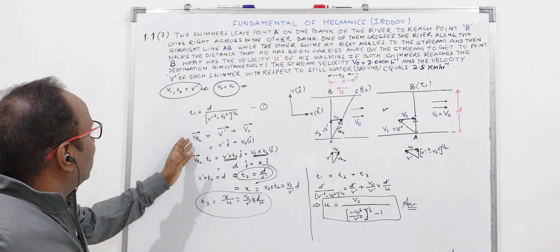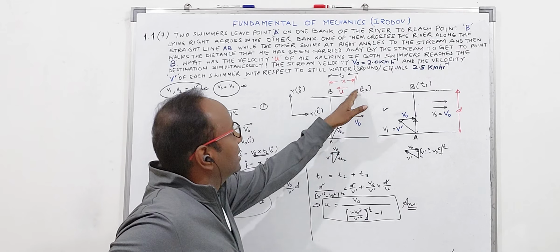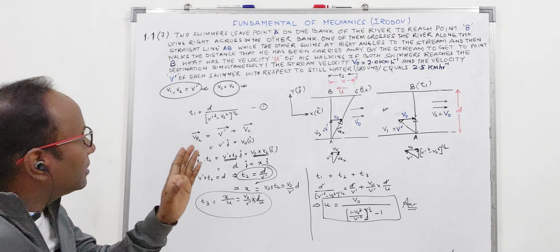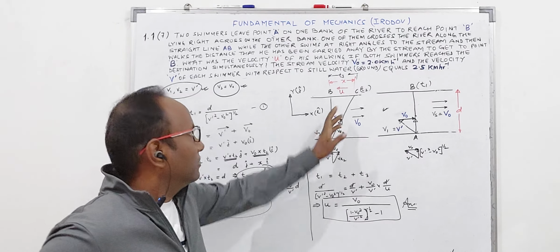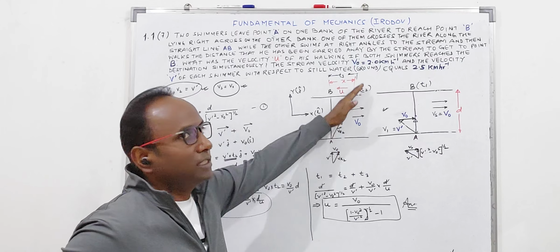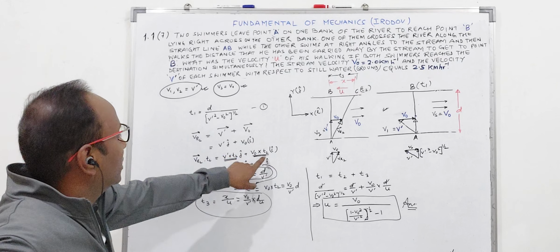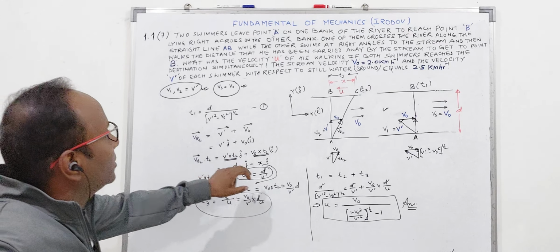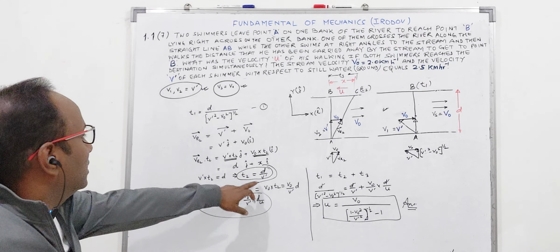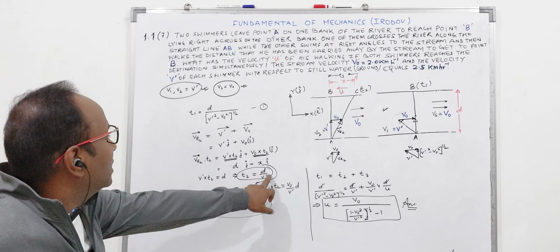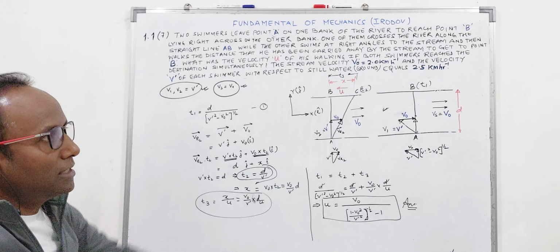Now we have multiplied both sides by T2, because in T2 time he reaches C. So we have two components of displacement during the whole passage, one in this direction and one in this direction. The resultant is this. So this is v dash into T2 and this part is v naught into T2. V dash into T2 is nothing but d, so T2 is d by v dash, and in the same way we can obtain X.